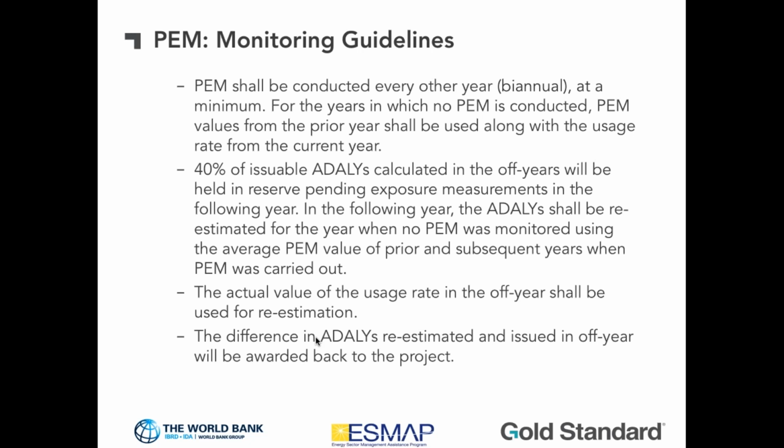And if there is any shortfall which was issued to you in year 2, that will be issued back to you in year 3 for the year 2 exposure reductions. But the usage rate has to be monitored every year, and the actual value of usage rate should be used in every year's ADALYs calculation.